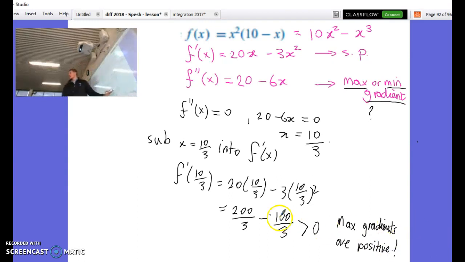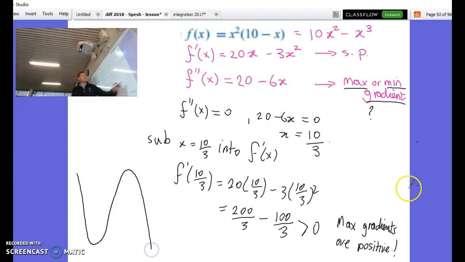Okay, so the minimum gradient, the most minimum gradient would have to be the most negative gradient that you're looking for, such that your shape just comes up like that, climbs, and goes down. It's this point there.